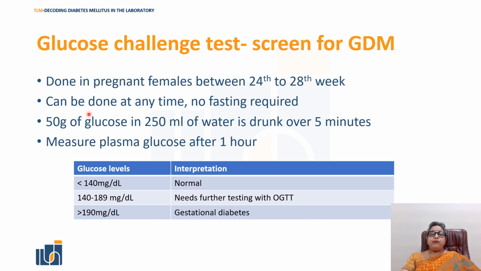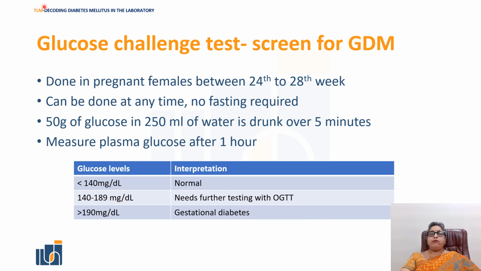So here we give 50 grams of glucose and 250 ml of water over 5 minutes, and after 1 hour you measure the plasma glucose. If it's less than 140, it's normal. If it's between 140 and 189, it needs further testing with OGTT. And if it's greater than 190, it signifies that the patient has gestational diabetes and needs to be treated.